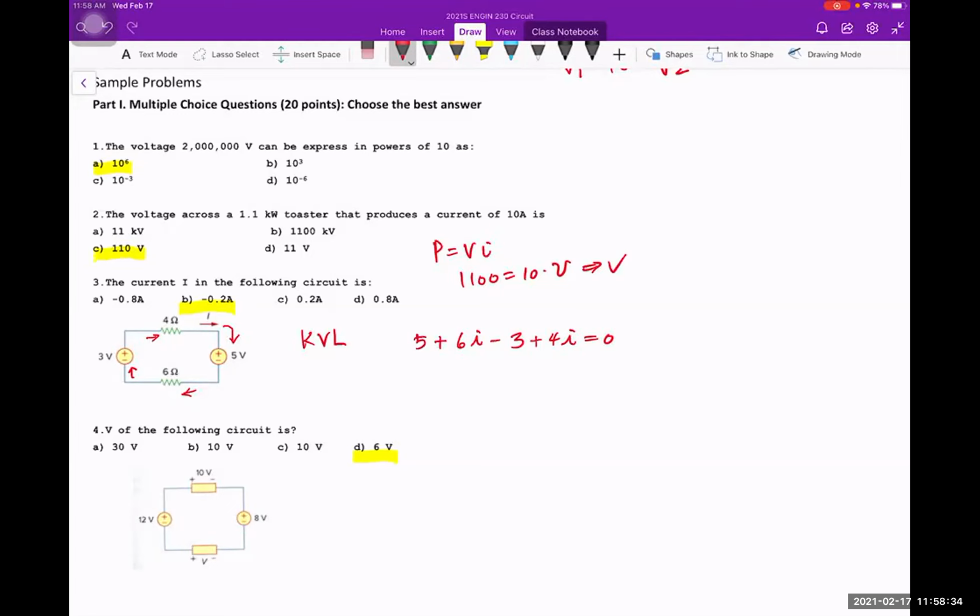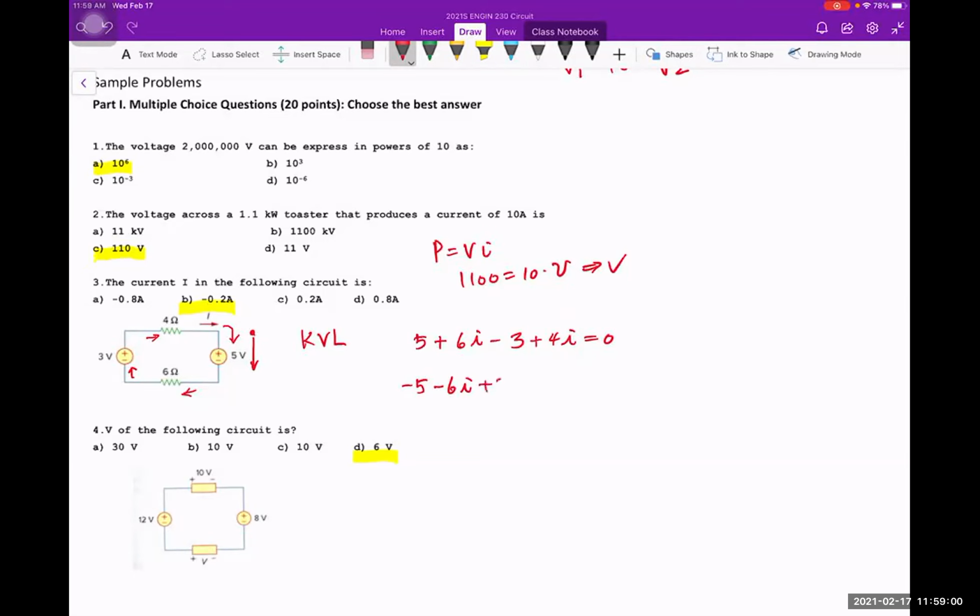So if that's the case you want to use, and you can follow this, when you go from here to here, you have voltage drop, right? So that would be -5. When you go through a resistor, you have a voltage drop that's going to be -6I. When you go to the 3 volt, you have voltage gain because it's negative to positive.